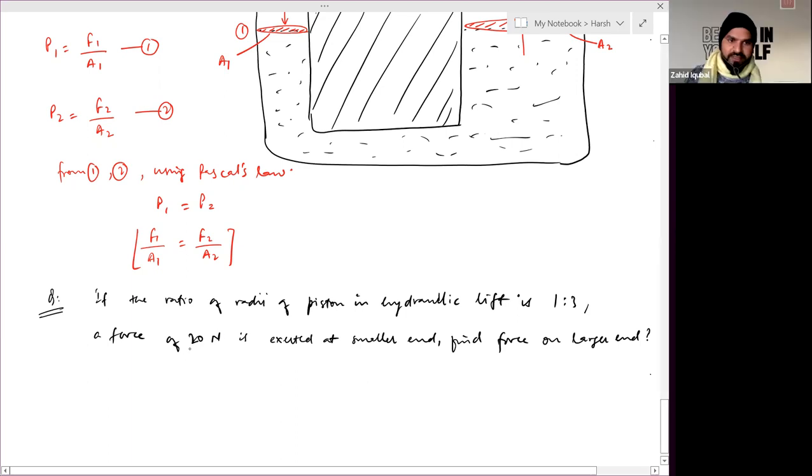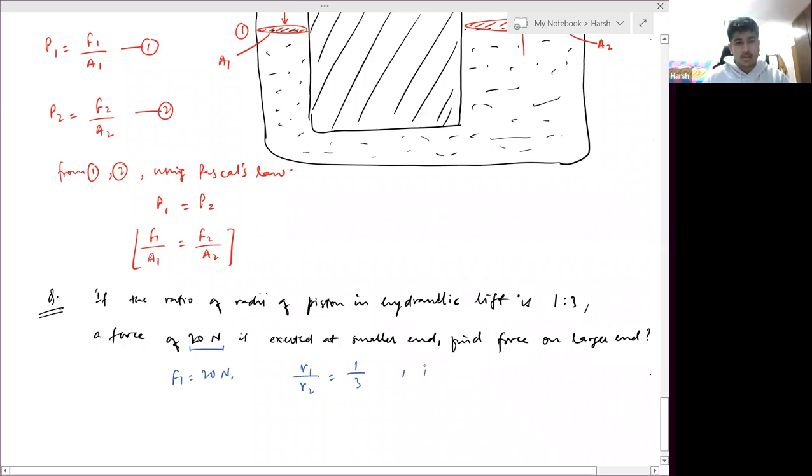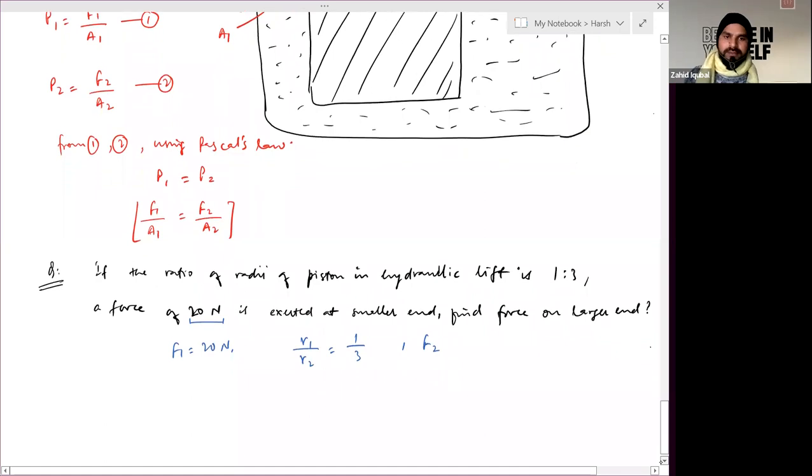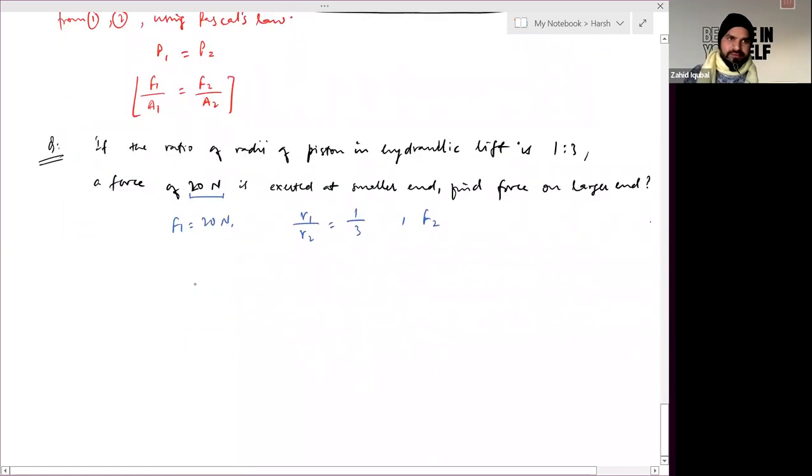Just see, we have F1 as 20 Newton. The ratio of the radii is R1 divided by R2 equals 1 by 3. And we have to calculate F2. Now using the above formula, we may write F1 divided by A1 equals F2 divided by A2.